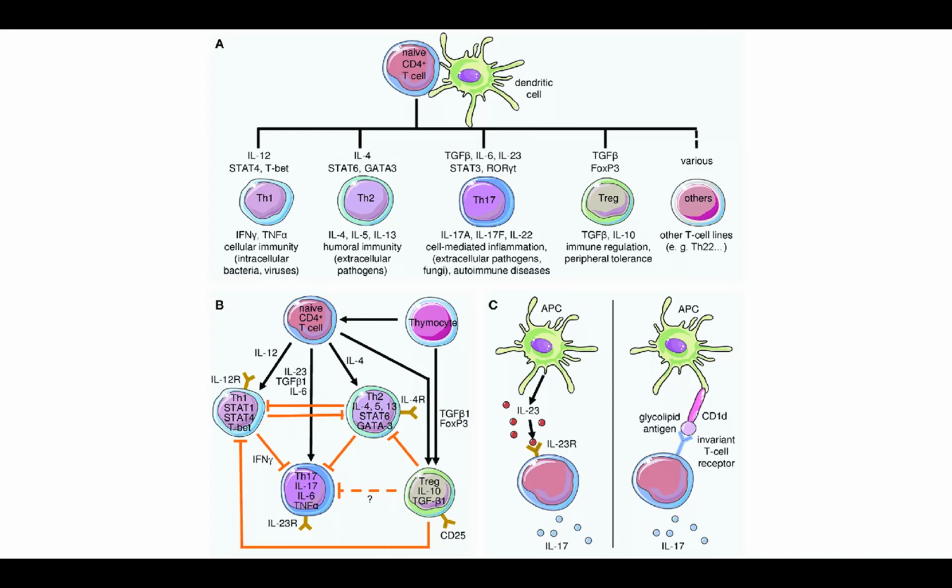Why is that important? This is the humoral immunity for extracellular pathogens. If this is down regulated, or a disruption prevents the Th2s from being created, you're not going to be able to fight pathogens that are outside of the cell. A lot of these are the parasite type stuff.